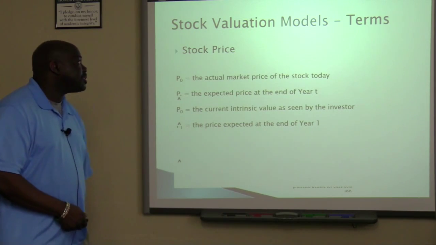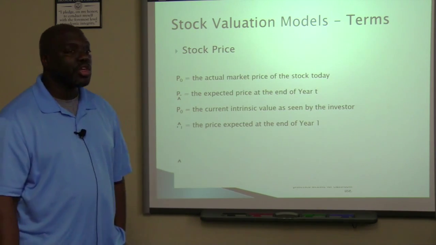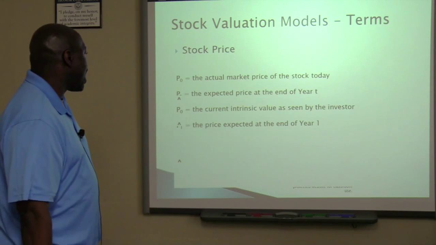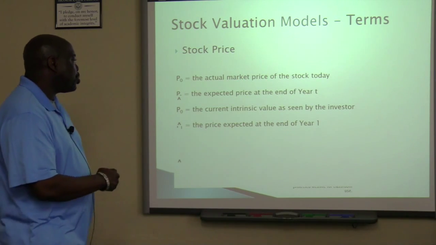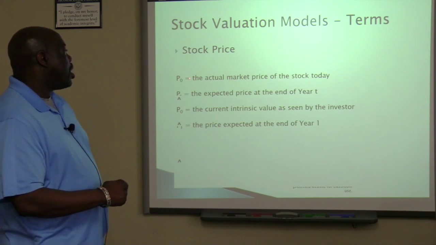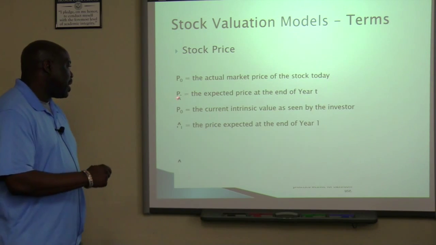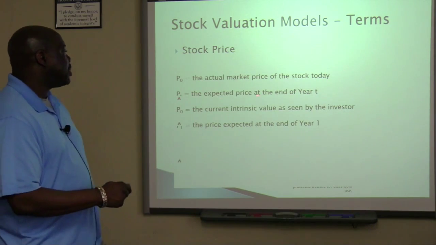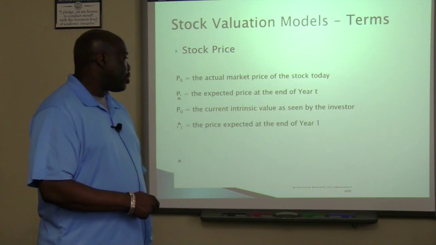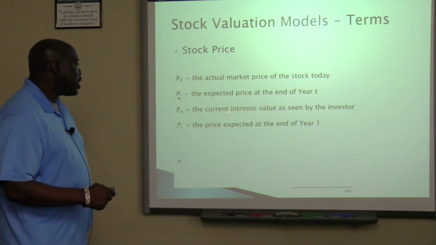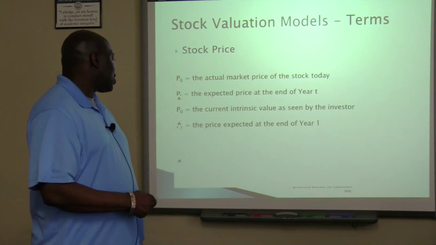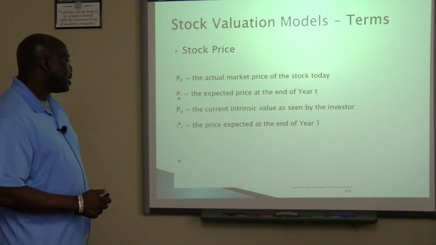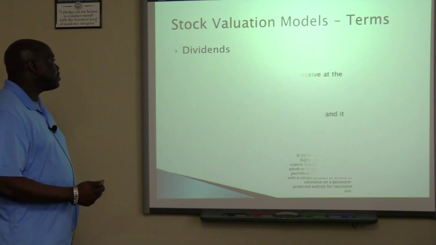Stock evaluation. These are the terms that we will be going over constantly. We have P0, the actual market price of the stock today. We have P-hat, the expected price at the end of the year. P-hat 0, the current intrinsic value as seen by the investor. Then we have the price expected at the end of year one.